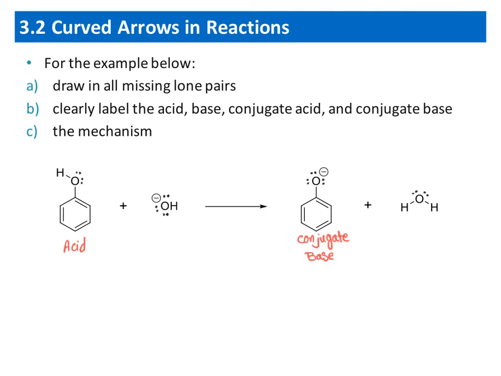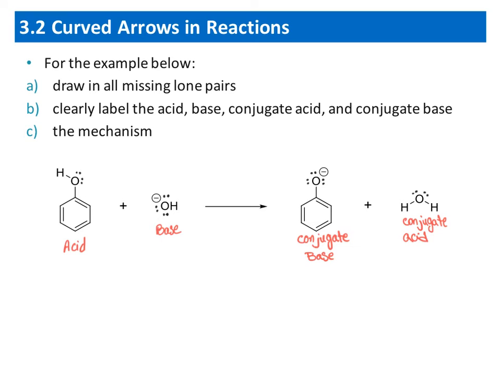Now, hydroxide accepts the proton, gets protonated, and is converted to water. So hydroxide is our base, and water is our conjugate acid.